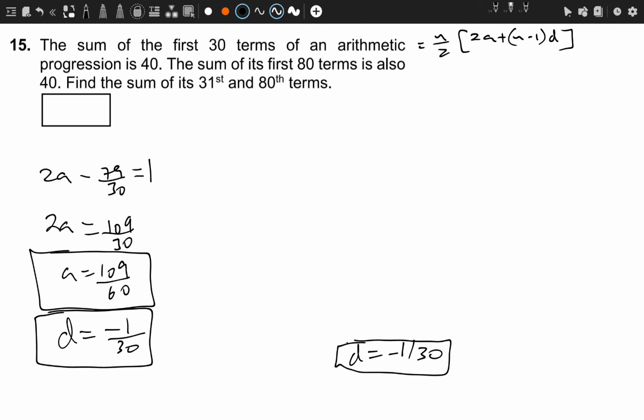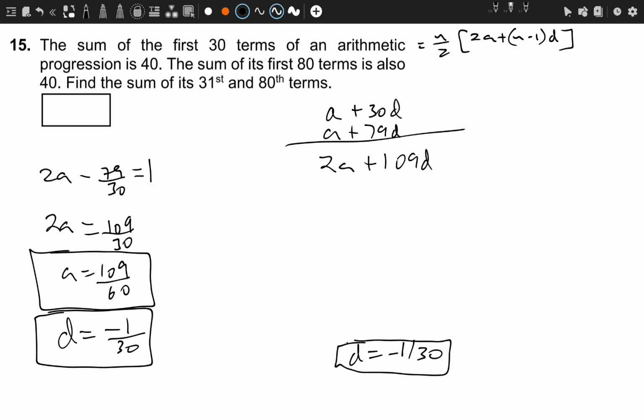So what we are asked to find is the sum of the 31st and 80th terms. The 31st term would be a plus 30d and the 80th term would be a plus 79d. So this is going to be 2a plus 109d.